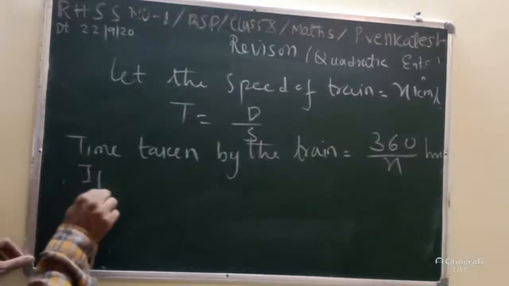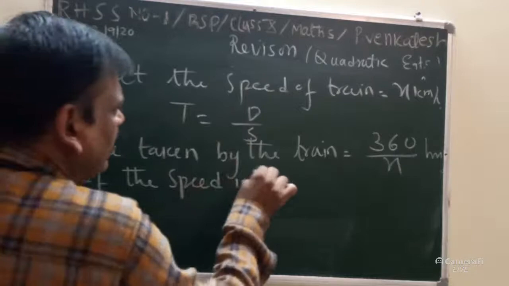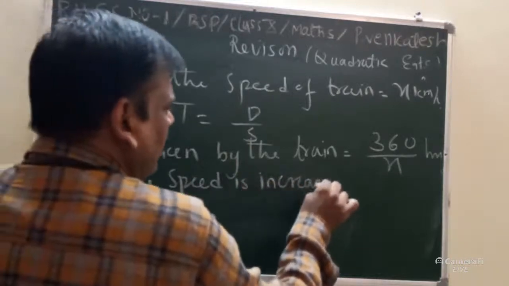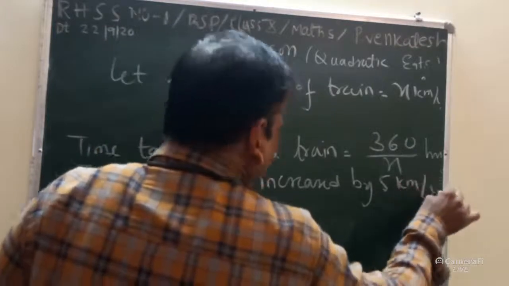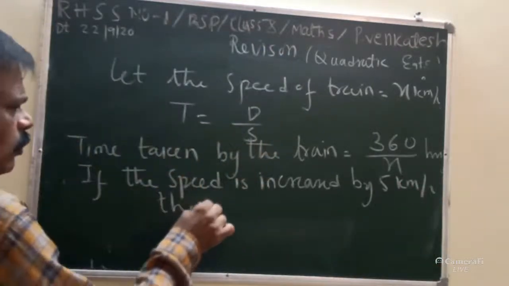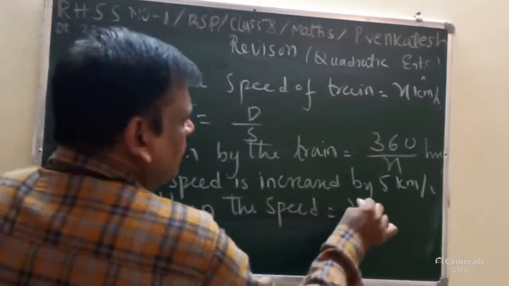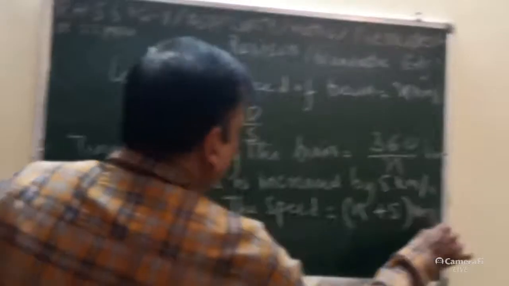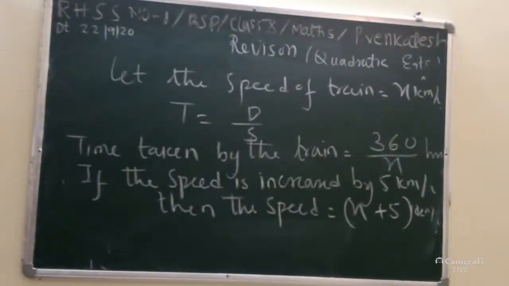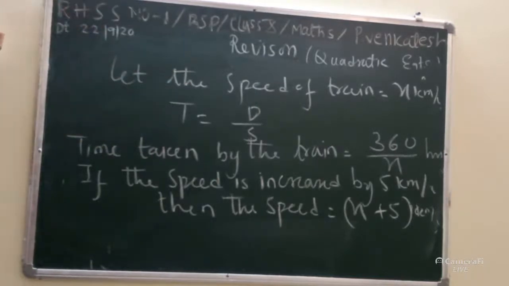Now, if the speed is increased by 5 kilometers per hour, then the speed equals x plus 5. Let the speed of the train equal x kilometers per hour. We know that time equals distance upon speed.